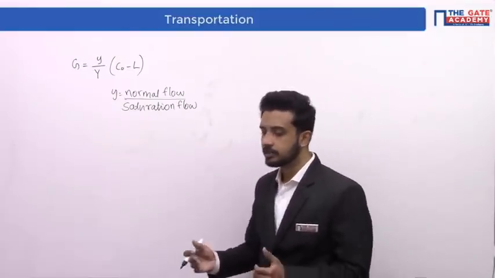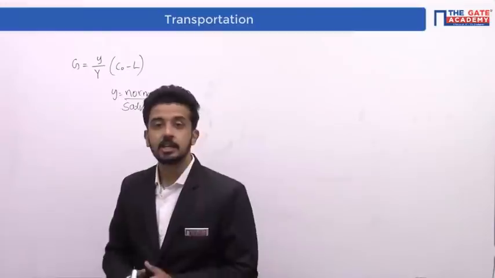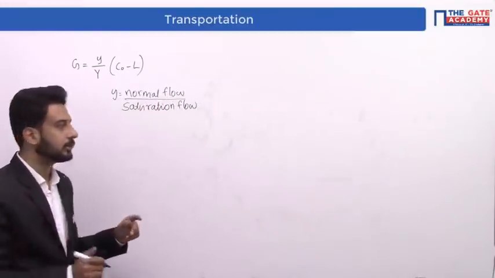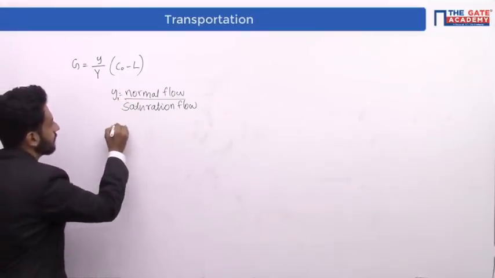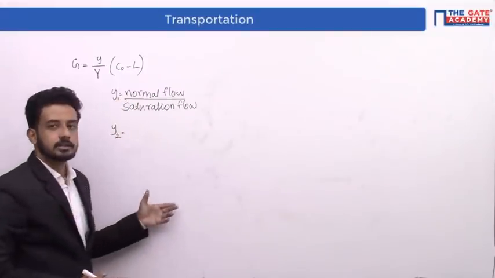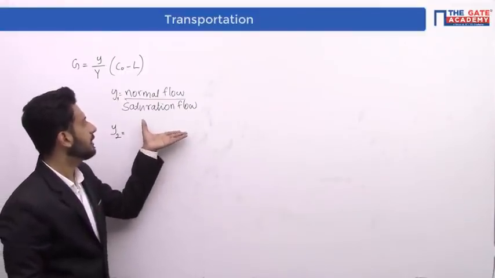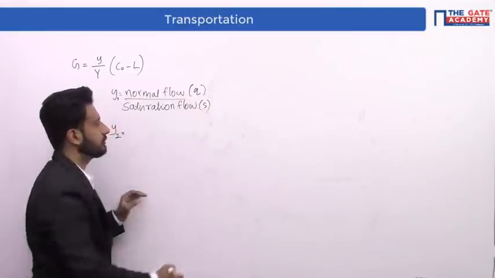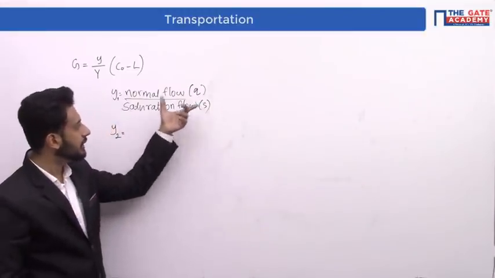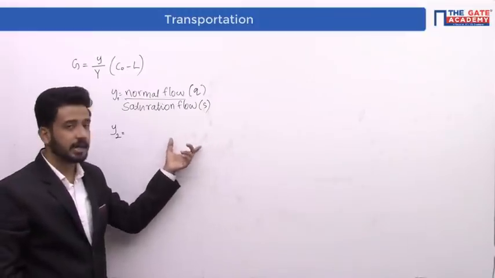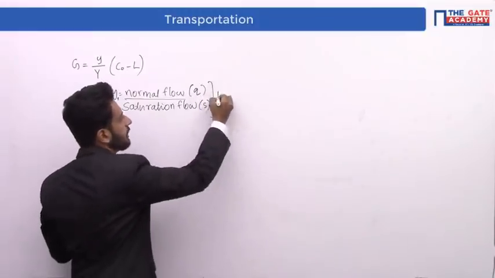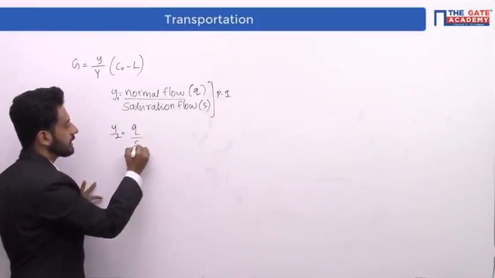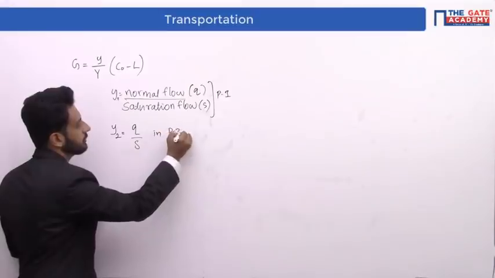So here they have mentioned that it's a two phase signal, meaning we will be having two ratios, Y1 and Y2. Same thing, this will be the normal flow ratio, normal flow I am representing as Q, and saturation flow S. So Y1 will be the Q by S ratio in phase 1, and Y2 will be the Q by S ratio in phase 2.